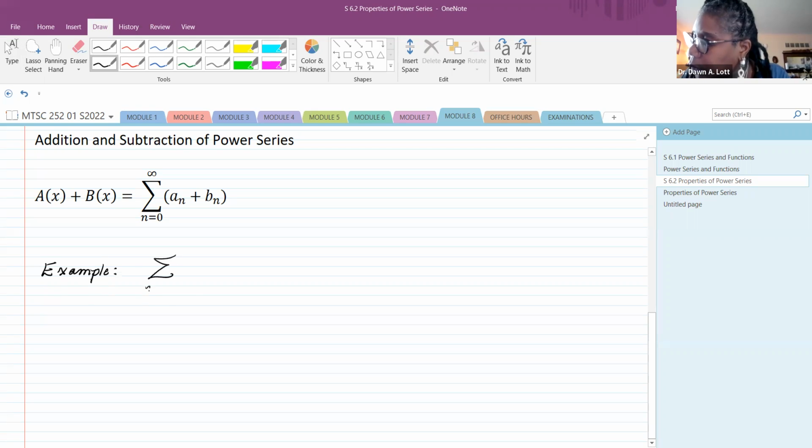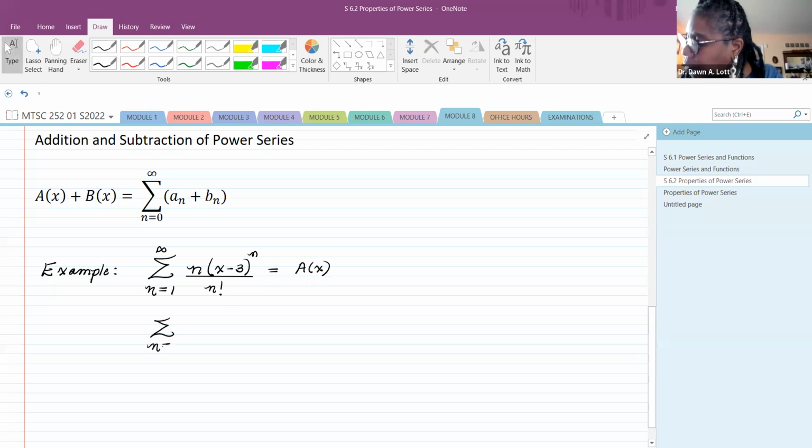We have the sum, n equals 1 to infinity of n times (x minus 3) to the n over n factorial. That's A. And then I have the sum n equals 1 to infinity of (minus 1/2) to the n. That's B of x.